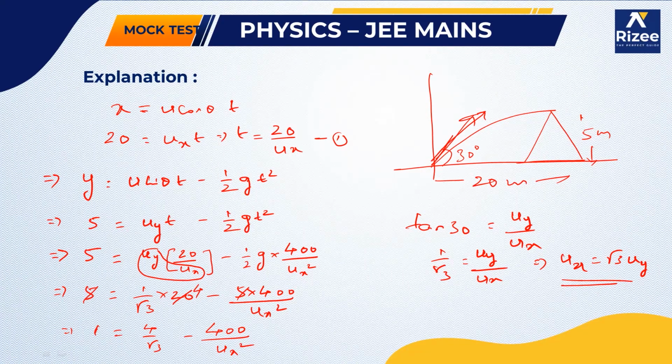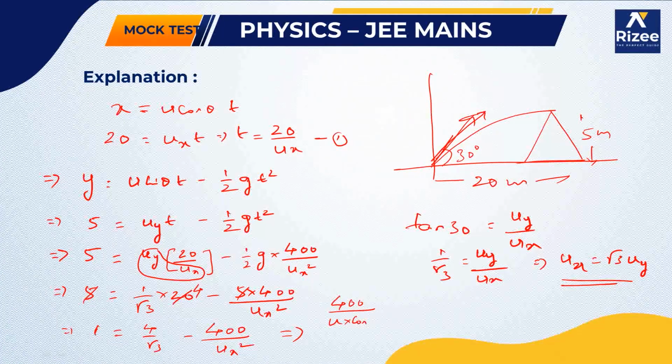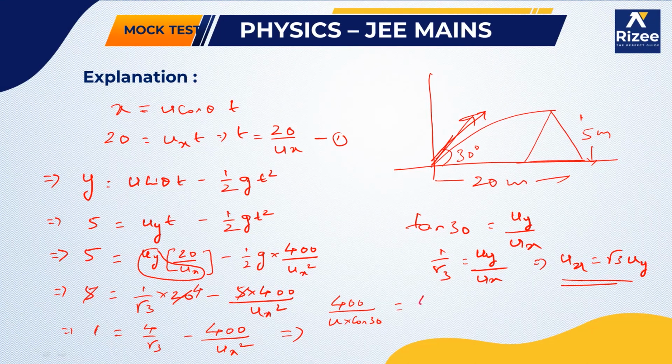Or else, since he is asking for the initial velocity, ux can be replaced with u cos theta. So 400 by u cos 30 is equal to (4 minus root 3) by root 3. Cos 30 is root 3 by 2, so this becomes 800 by u into root 3 is equal to (4 minus root 3) by root 3.